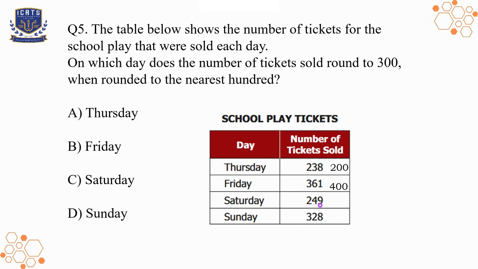It lies between 200 and 300, and it comes before 250, so we will round it to 200. 328 lies between 300 and 400, and it comes before 350, so we will round this number to 300. So we can say on Sunday, the number of tickets sold rounds to 300. So that is our option D.